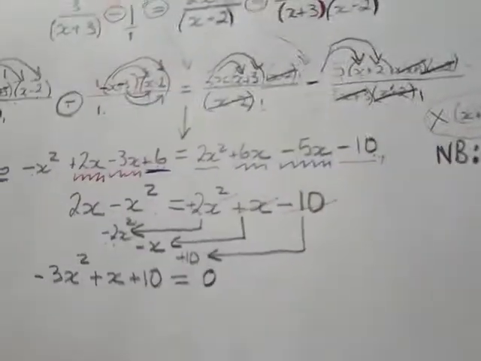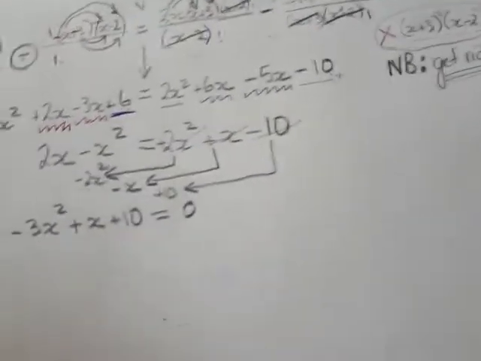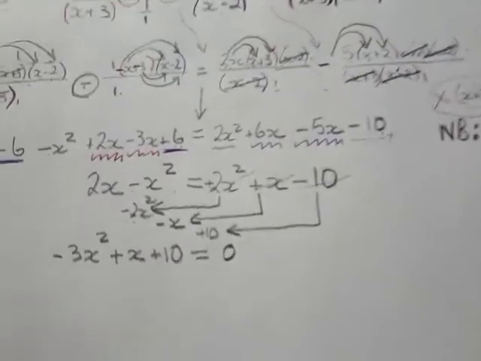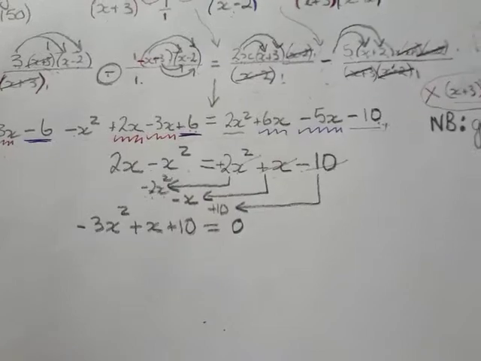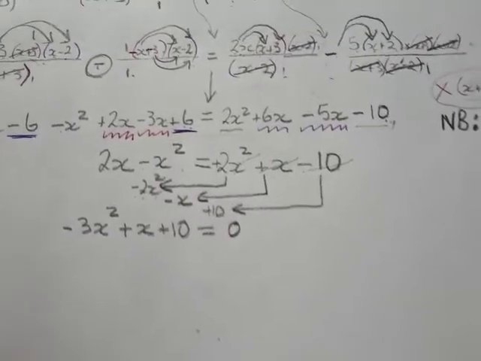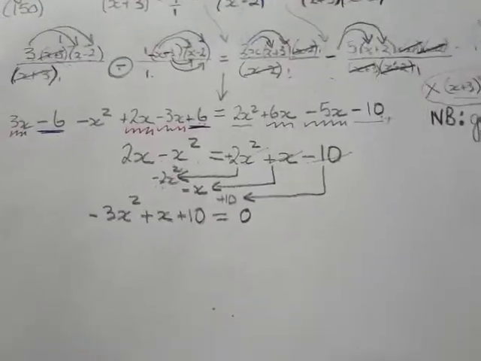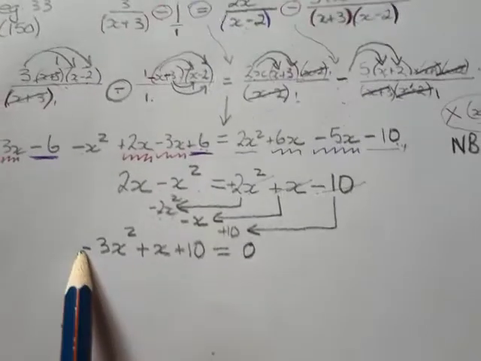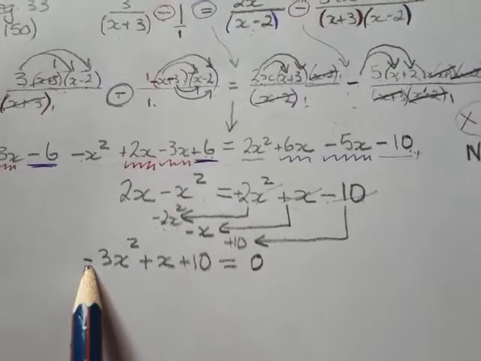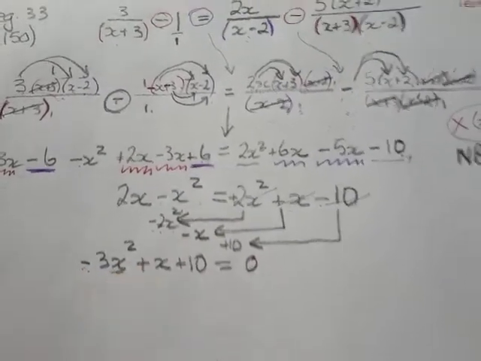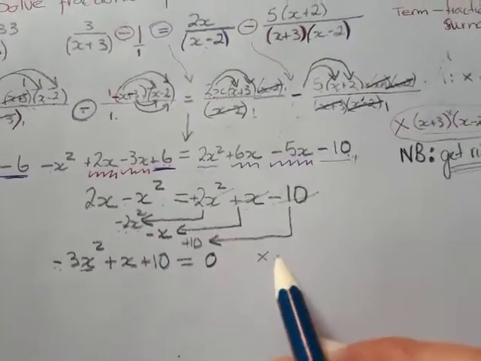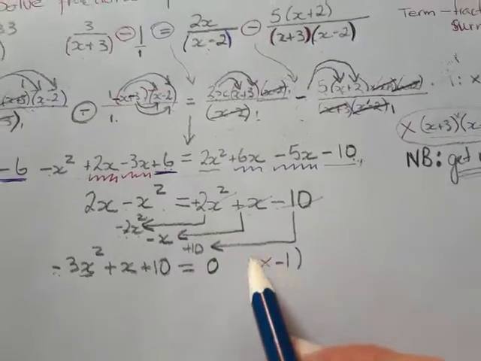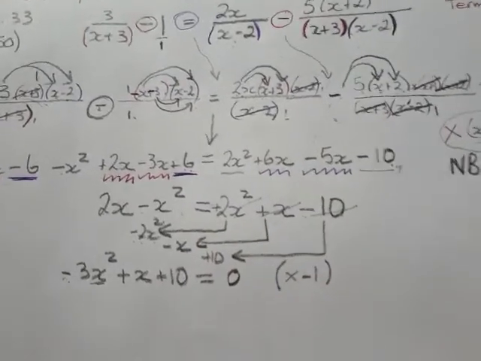I want you to look at what you have now. You've got a normal quadratic trinomial. The big but is that this is a negative. So I don't like to work with a negative x squared. I will change it around by multiplying the whole equation with negative 1.